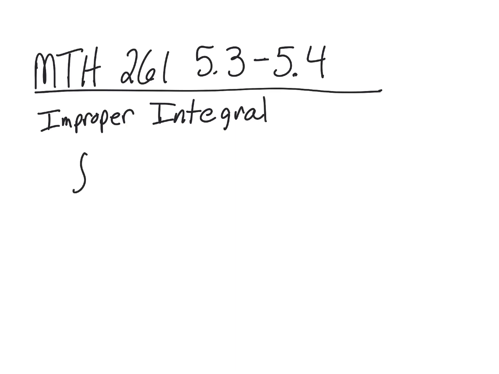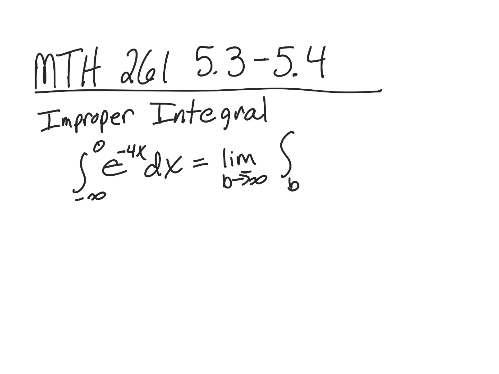For instance, if we're going from minus infinity to 0, for e to the, let's say, minus 4x, then what you're really doing is taking the limit as something goes to minus infinity of the integral from that something to 0. This is the technical way to do it. You'll see that I usually skip this step because we're smart enough to figure it out at this point.